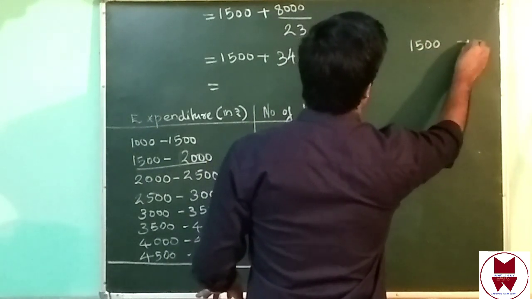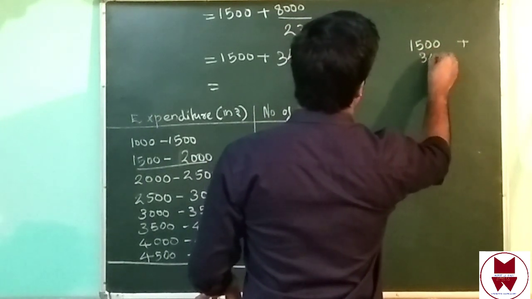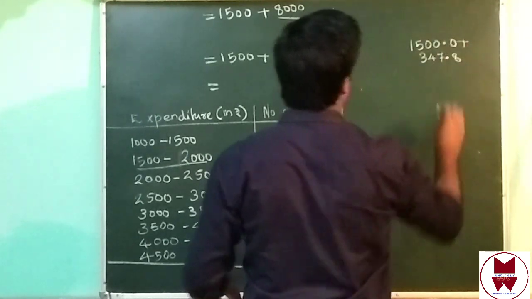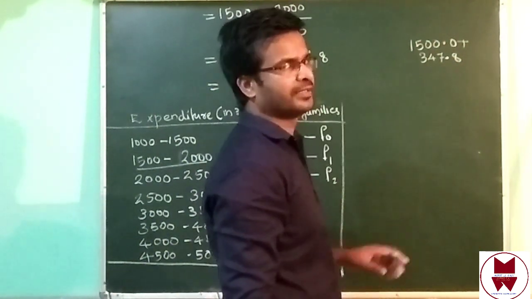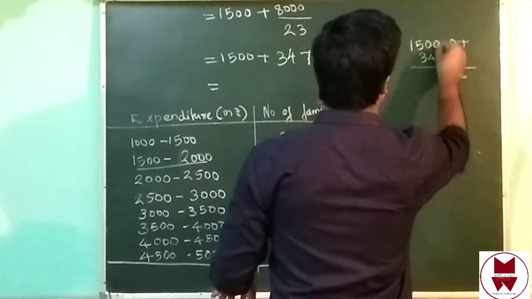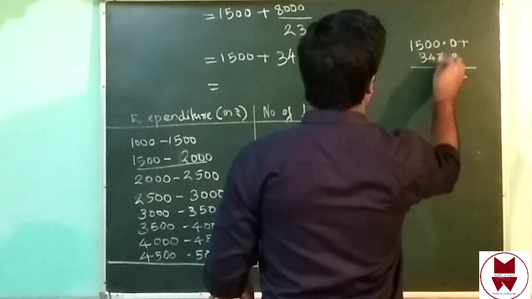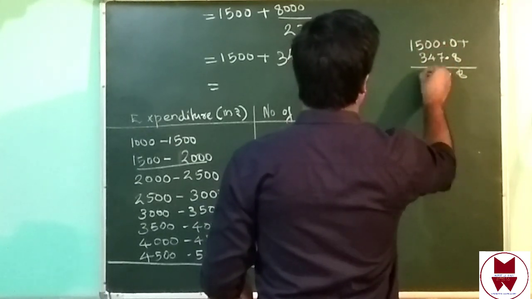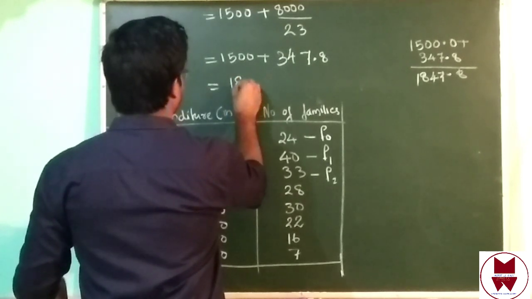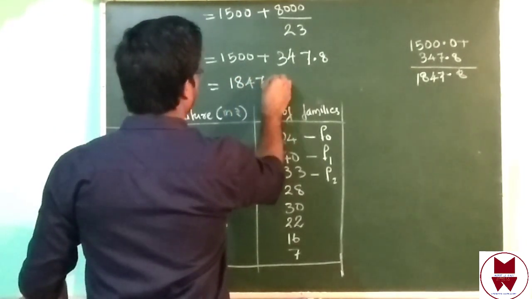1,500 plus 347.8. Point should always be at the same level. Then 8, this point, then 7, 0 plus 4, 4, 5 plus 3, 8, then 1. You will get 1,847.8.